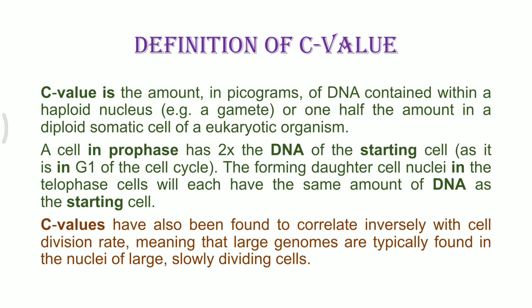Now, what is the importance of C value? C values help in understanding whether the cell needs to divide or not. C values have also been found to correlate inversely with cell division rate, meaning that large genomes are typically found in nuclei of large and slowly dividing cells. If the genome is very large, then the cell will require much more time to divide.